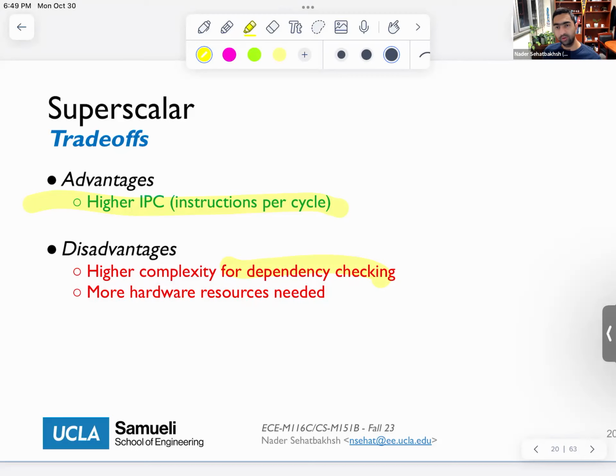There is much more hardware required for forwarding, because now I need to forward from one lane to all the other lanes. And then I need to add these extra things for fixing all those things. Okay. So in short, superscalar is helpful, but by itself is not the best solution. But it's a step in the right direction.